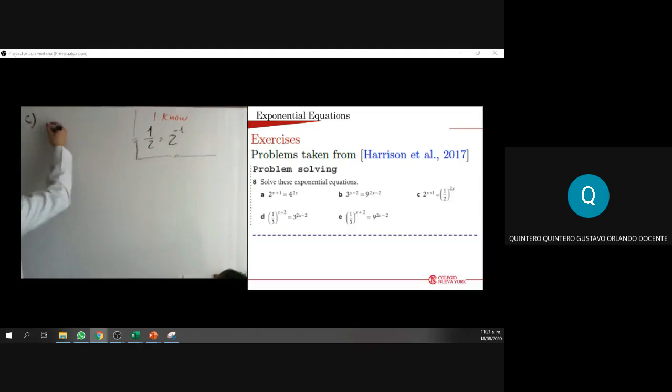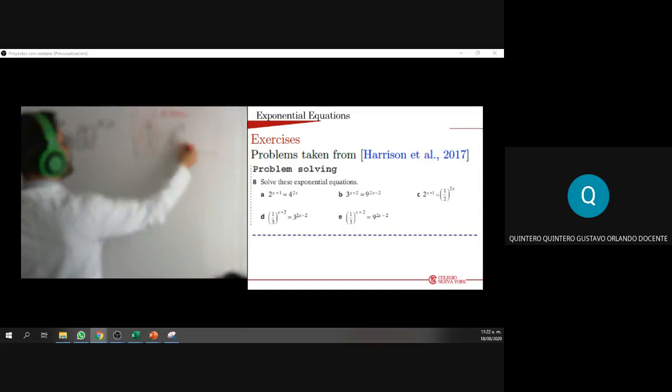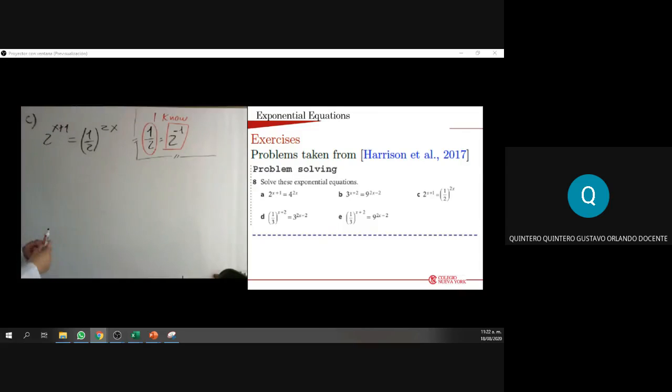So this was the question, right? 2 to the x plus 1 equals 1/2 to the 2x. But we know we can change the 1/2 into a 2 to the negative 1. So that is what we're going to do. To the left, I'm not going to do anything: 2 to the x plus 1.